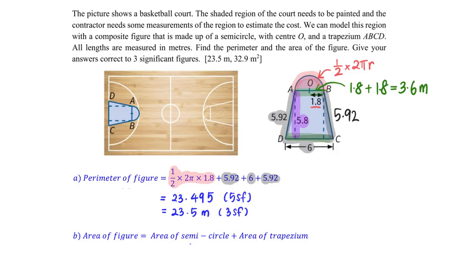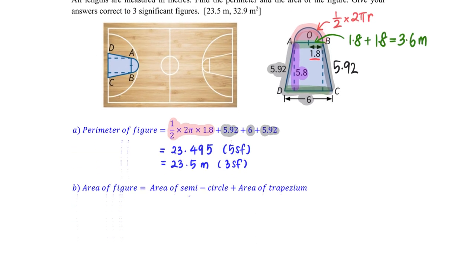It is the perpendicular distance between the two parallel lines, and so you can then see that the working looks like this.